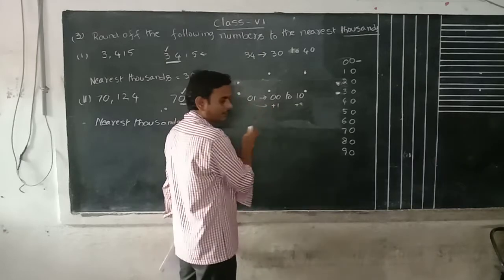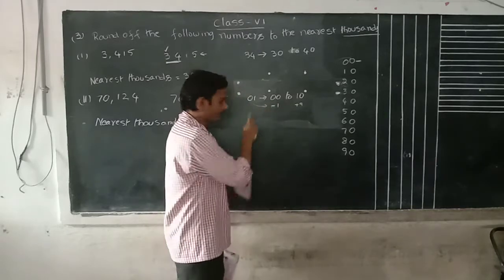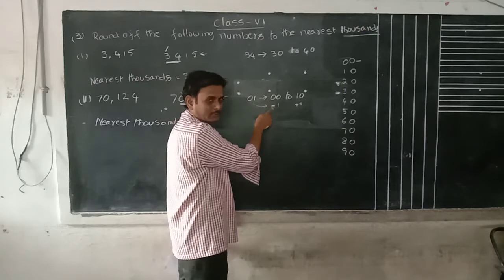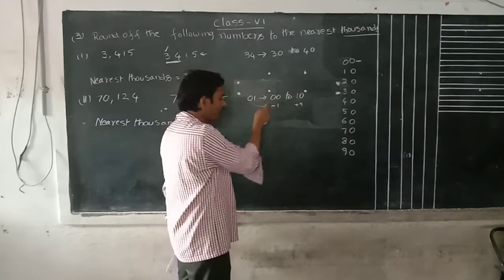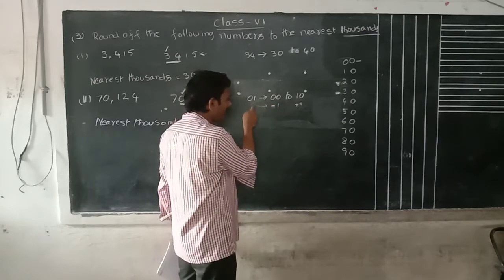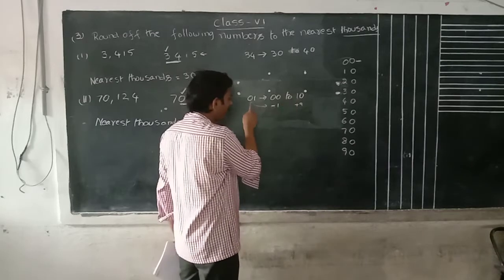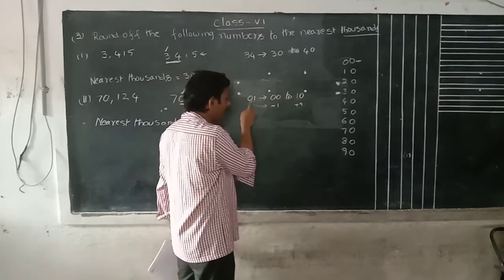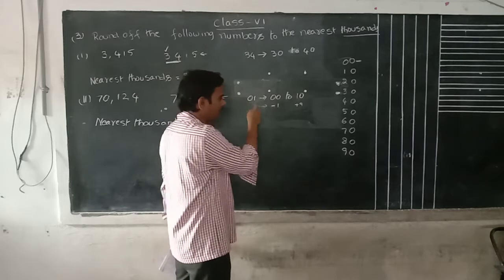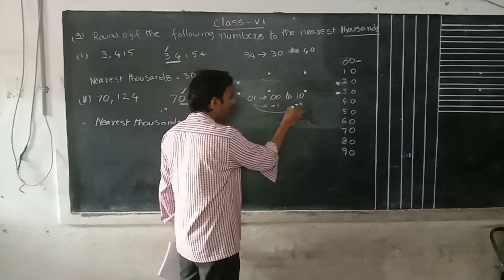From this one we have to subtract. Subtract 1 to reach 0. If you want to reach 10, add 9 for the 0, 1.